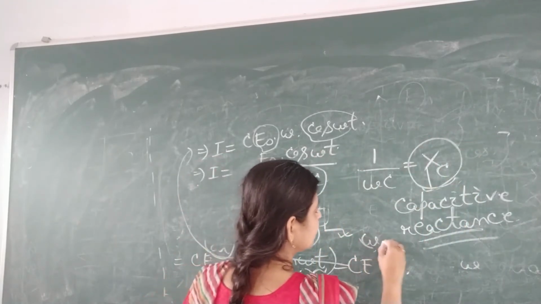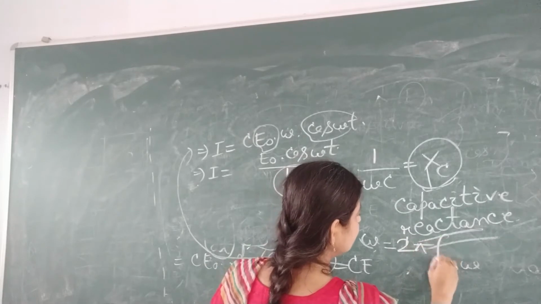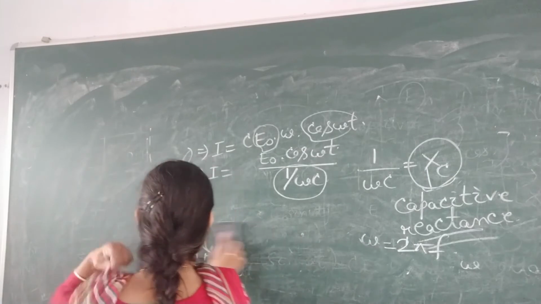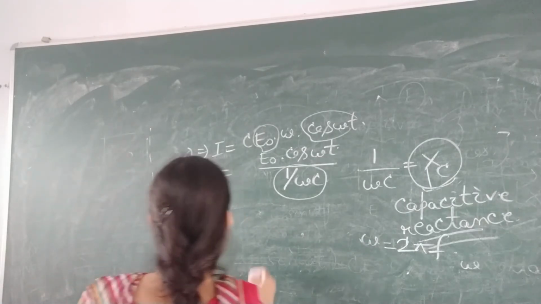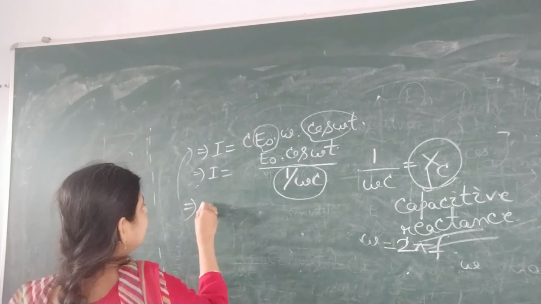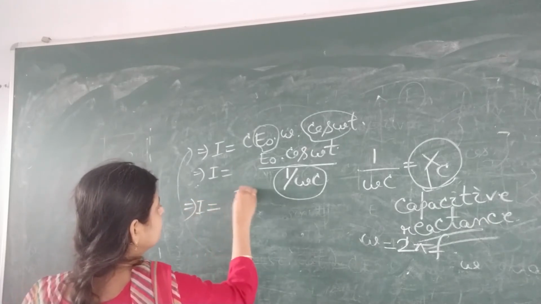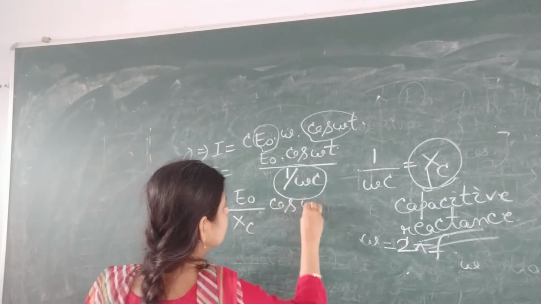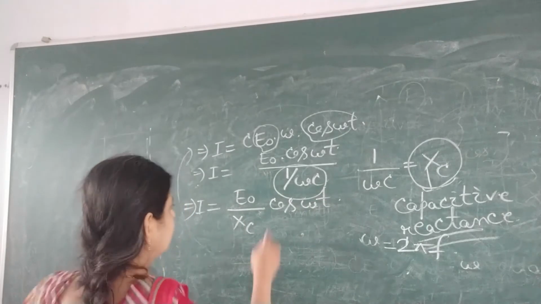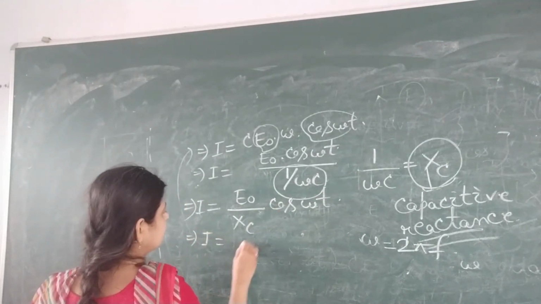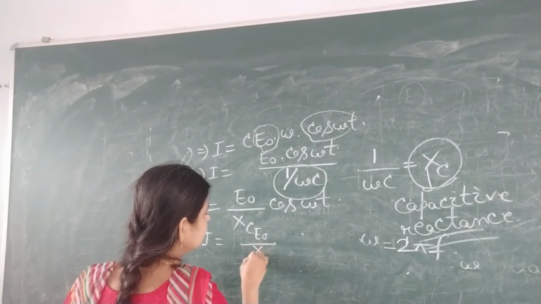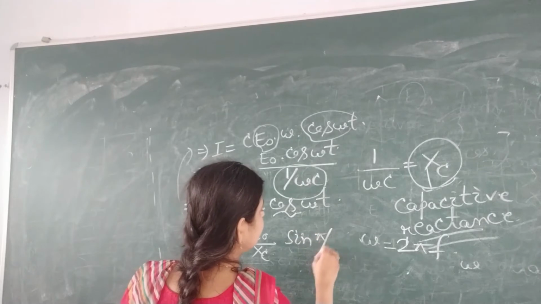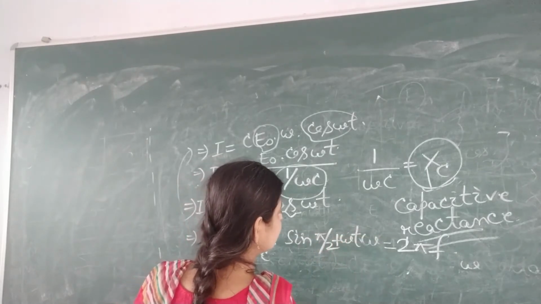Also we know omega is equal to 2 pi f. So we can write down I is equal to E0 divided by XC into cos omega t, or in other form we can write down I is equal to E0 by XC into sin (pi by 2 plus omega t).